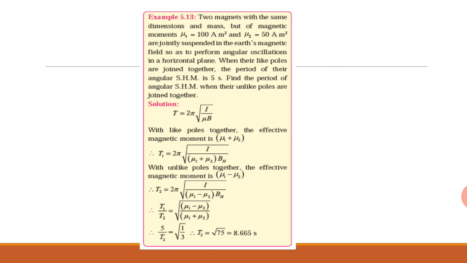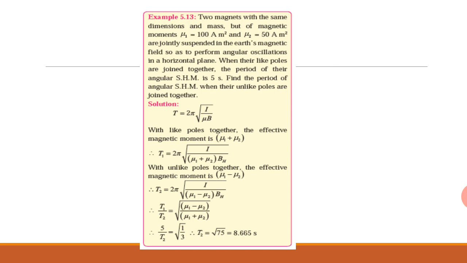Two magnets with the same dimension and mass, but with magnetic moments mu1 and mu2, are jointly suspended in the earth's magnetic field so as to perform angular oscillations in a horizontal plane. When their like poles are joined together, the period of their angular SHM is 5 seconds. Find the period of angular SHM when their unlike poles are joined.